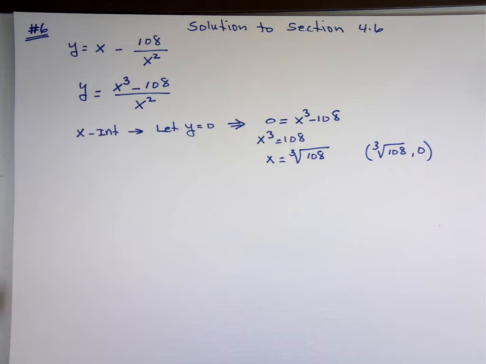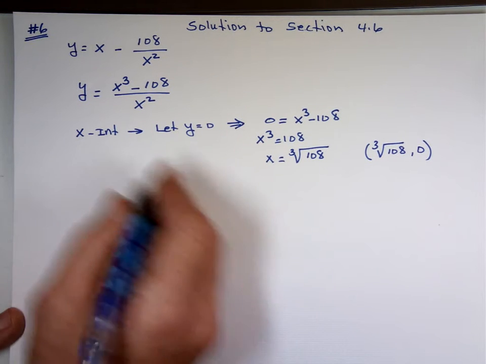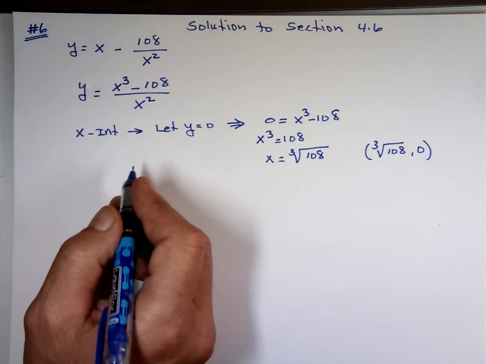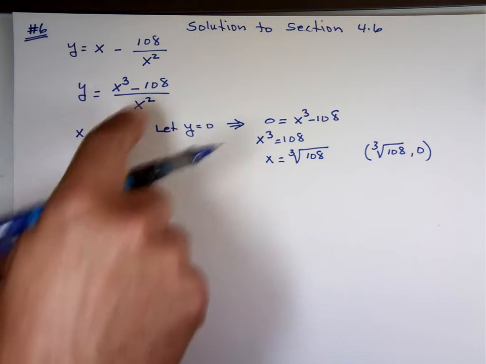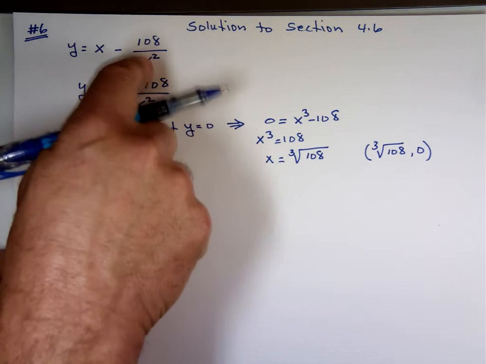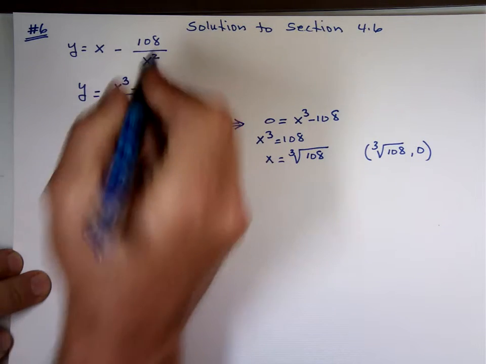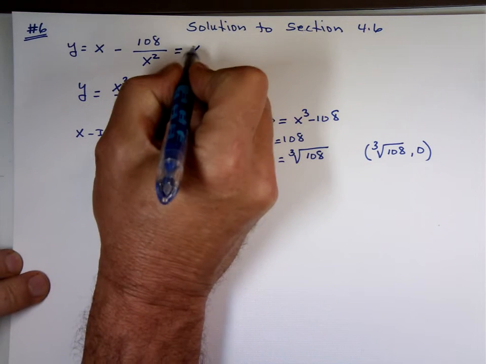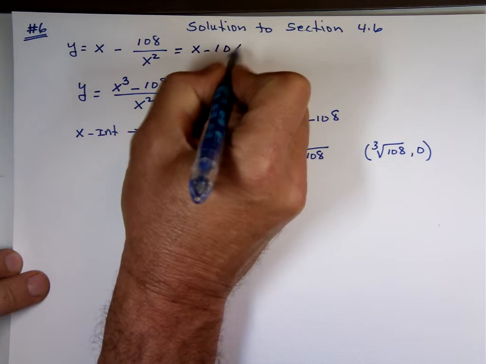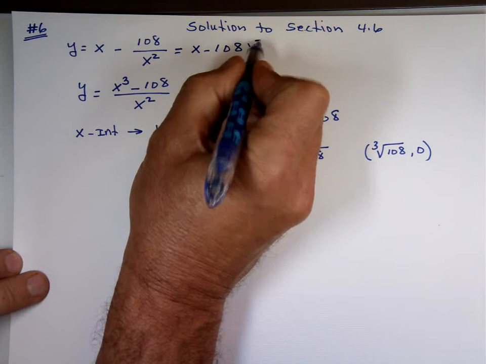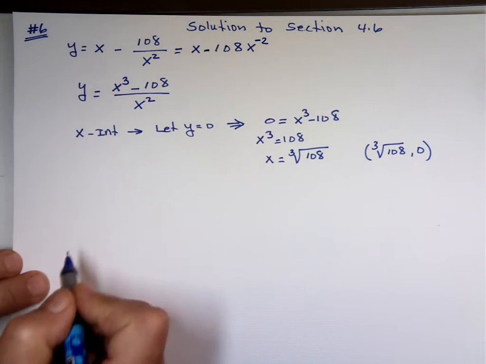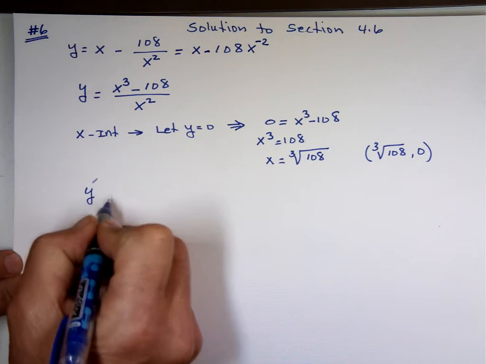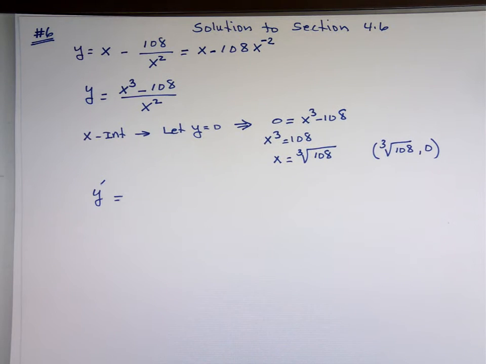Now find the min and the max. It means I need the derivative. To find the derivative, I'd be crazy to use this one. I should use that one. Why? Because if you rewrite this, isn't that x minus 108, x to what power? Negative 2. So what is the derivative? I don't have to use a calculator for that. That's straightforward.